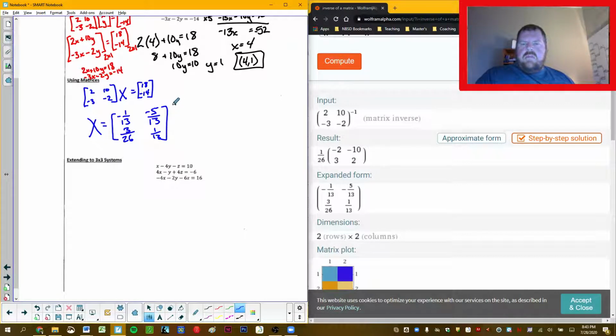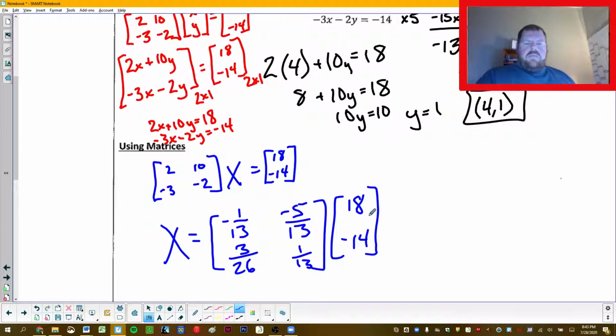And then we're going to multiply that by 18, negative 14. So to do that multiplication, we get a really ugly number. That's okay.